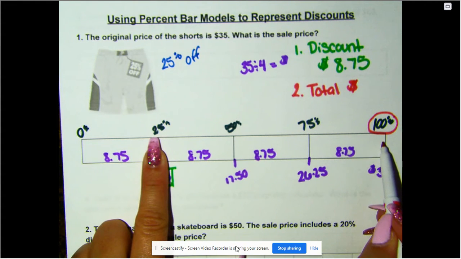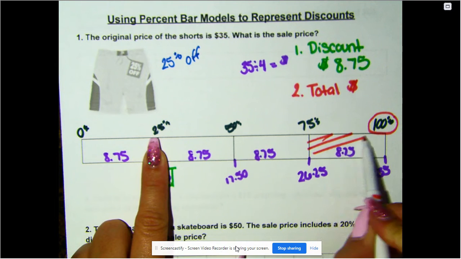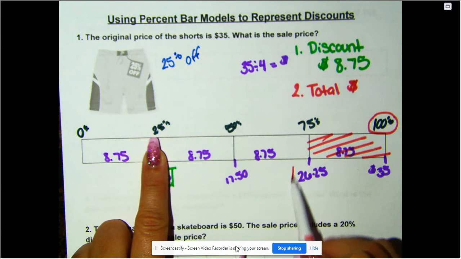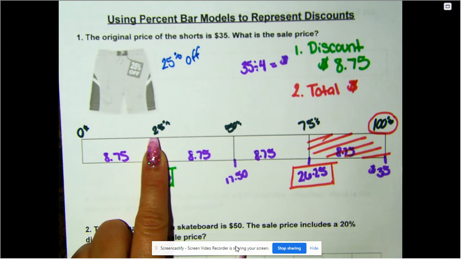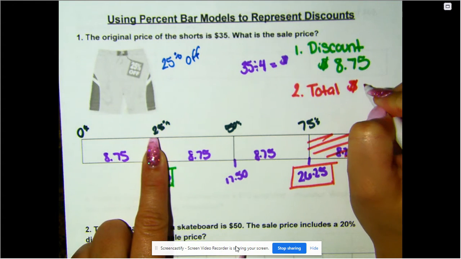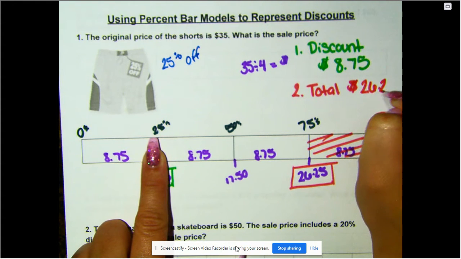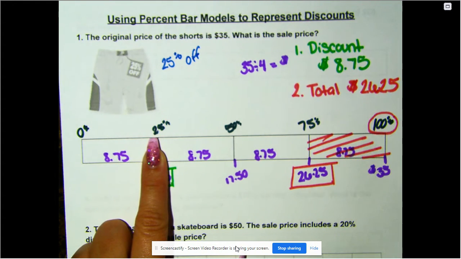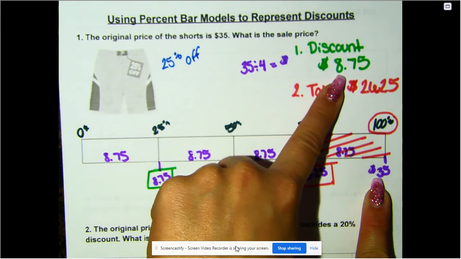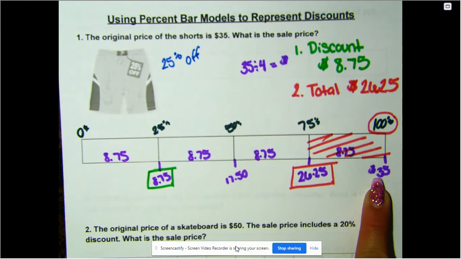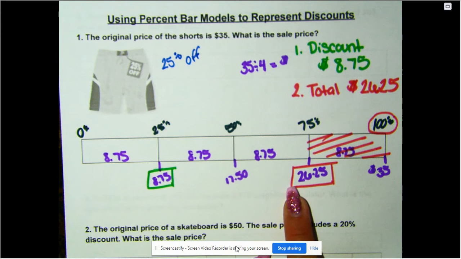But it is on sale, and I'm taking off 25%, which puts my new total at $26.25. Again, if you wanted to do subtraction, you could, taking 35 minus $8.75 to find your new total. Or we can use the model that we already created to find it without all of the subtraction.